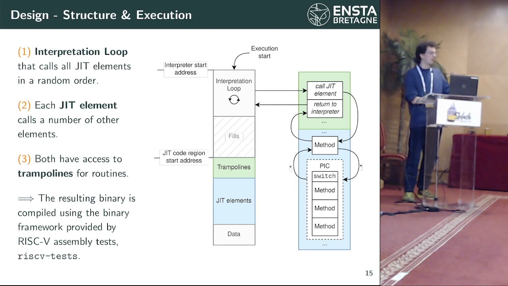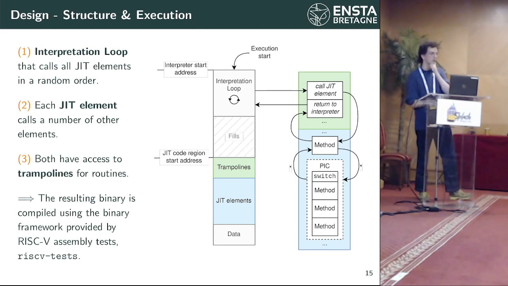Then each JIT element will call a number of other elements, and both have access to the different trampolines for routines. The resulting binary is compiled using the binary framework provided by the RISC-V assembly test, so it will automatically be supported by the different RISC-V cores that support this assembly test suite.